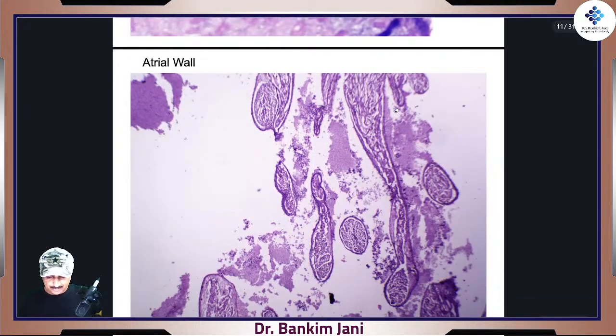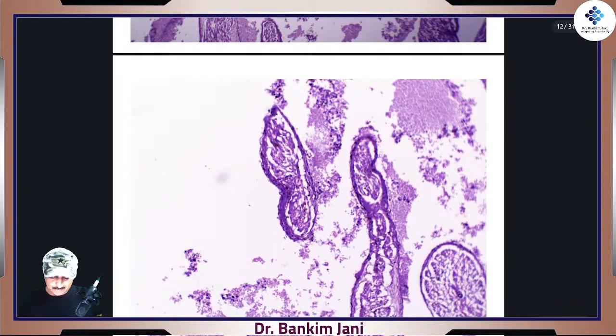Still better. Now this is the atrial wall. Atrial wall means over here these are all cardiac muscles, because we are taking a section through the atria. Let's zoom them. Still zoom further.